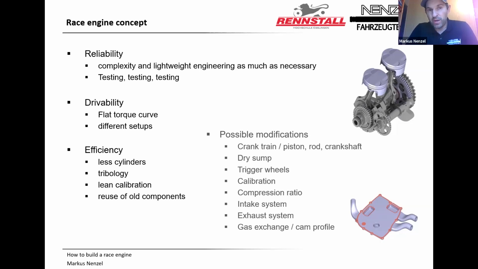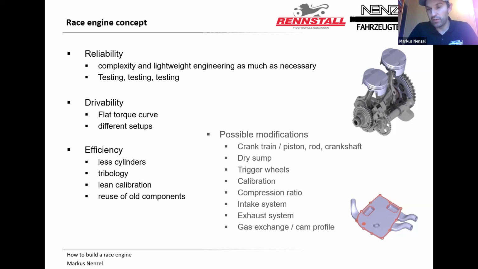I say complexity and lightweight engineering as much as necessary. You want to do a good job, but maybe not too much complexity, not too much lightweight, because everything should work. A very important point is testing, and testing means that you need your timelines and you know what you want to realize, but do this really in time.